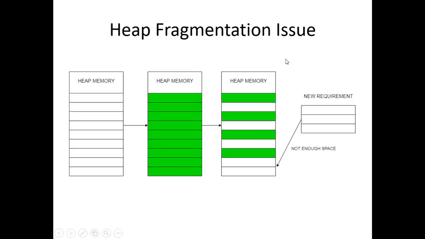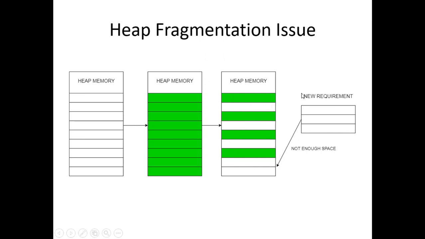When we talk about this fragmentation issue, assuming this was the heap memory, and we have dynamically allocated this much amount of space. Whatever is there in this green color is the allocated memory. Now the user says free all these memories. So let's say one integer is freed, another integer is freed. Whenever we explicitly free an integer, there will be holes created.